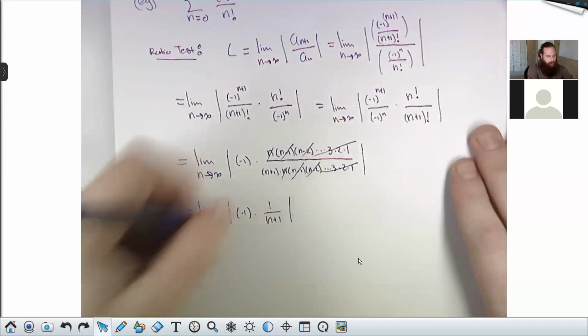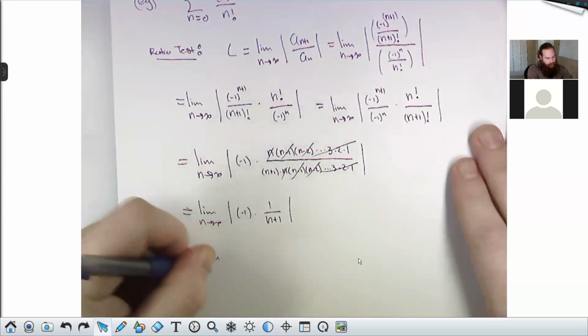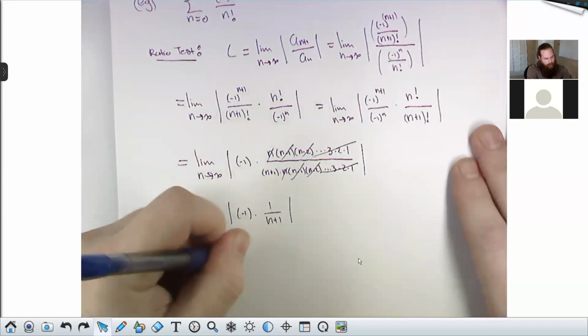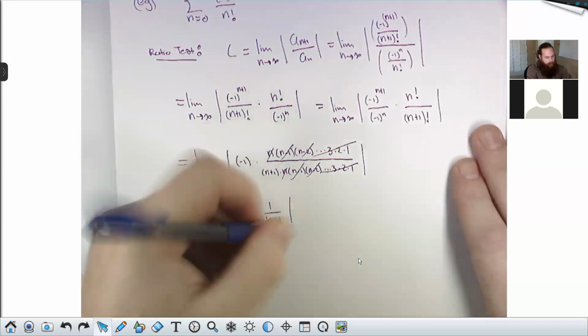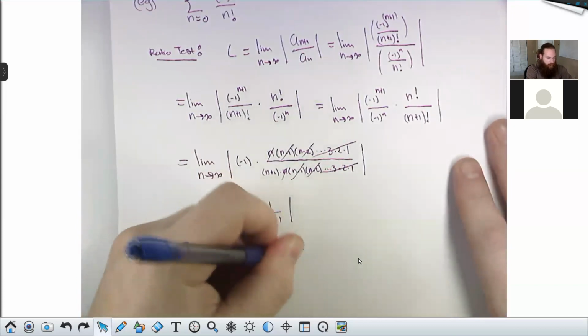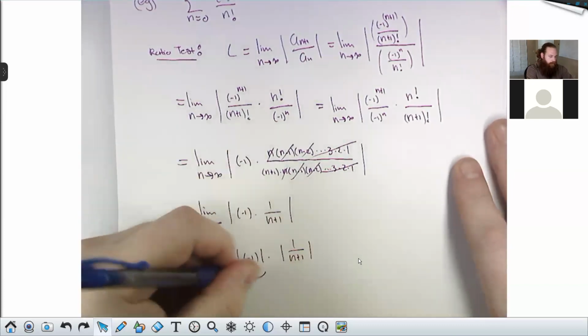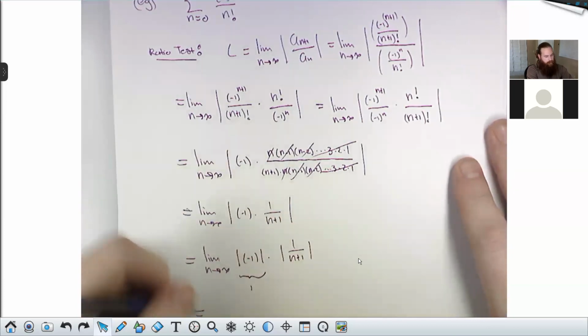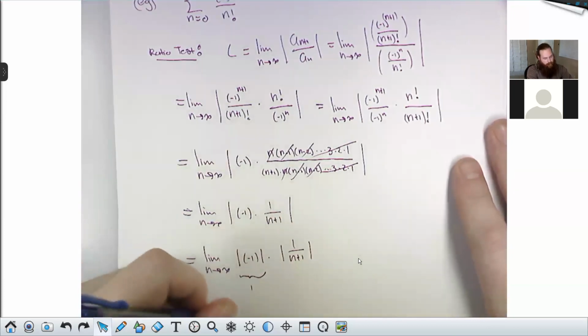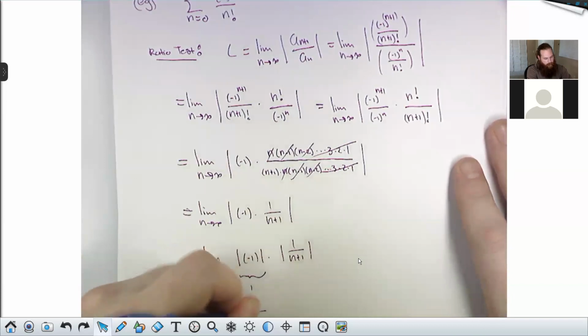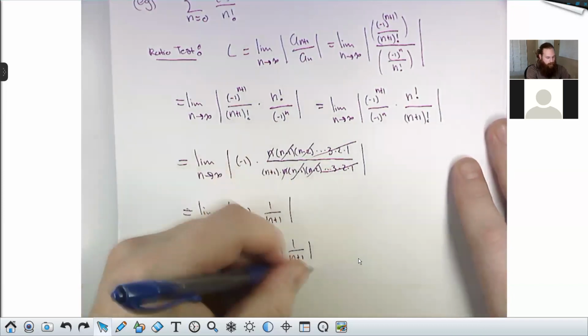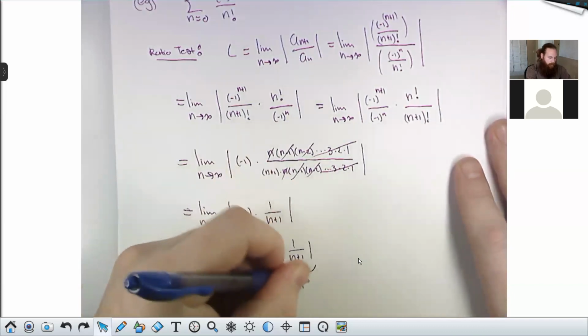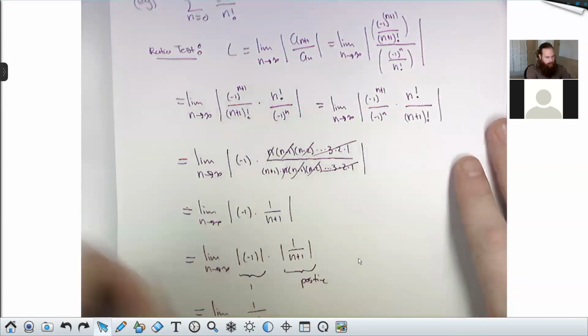Okay, so my last step here, guys, is to split the absolute value. I get the absolute value of -1 times the absolute value of 1 over n plus 1. This piece is just 1. So this is the limit as n goes to infinity of 1 over n plus 1, because this guy is positive, so I can get rid of the absolute values.